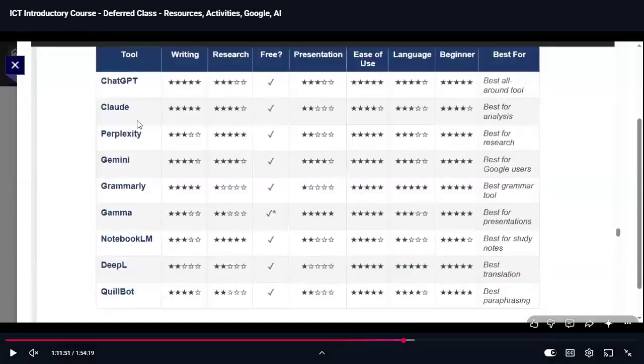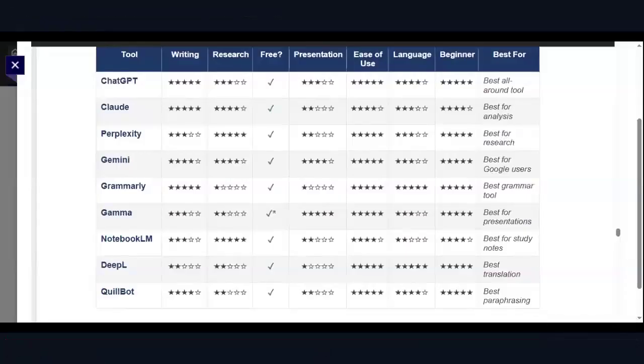I also have over here Claude. Okay, Claude is the best for analysis. If you want to do a deep and clear analysis of a topic, of an investigation, of a resource that you want to make, your best tool is Claude.